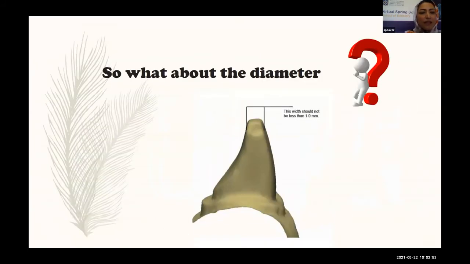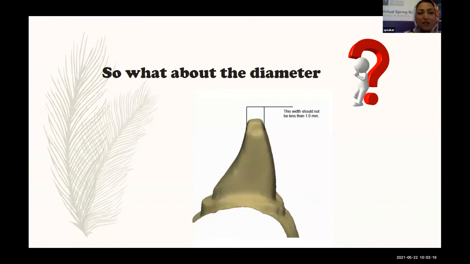We spoke about the length, but what about the diameter? In preparation of molar teeth, the diameter of the bur does not have a great effect, but when we approach the anterior segment, especially the inferior mandible and incisors, the diameter becomes more important because the anterior teeth, as you know, are smaller than the posterior ones.